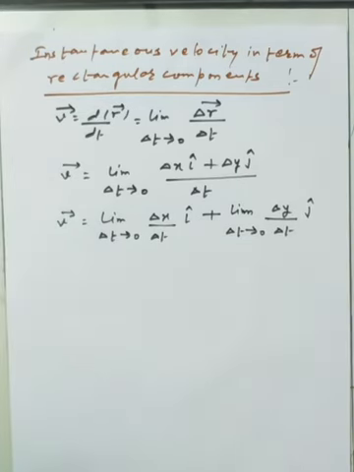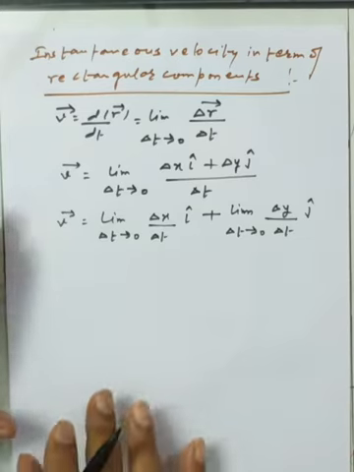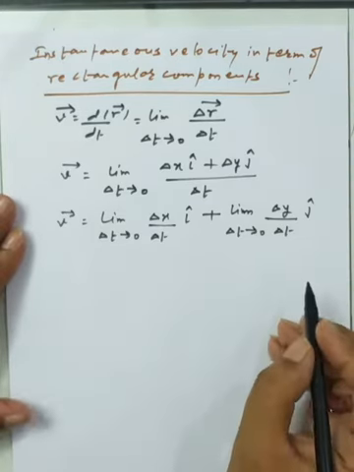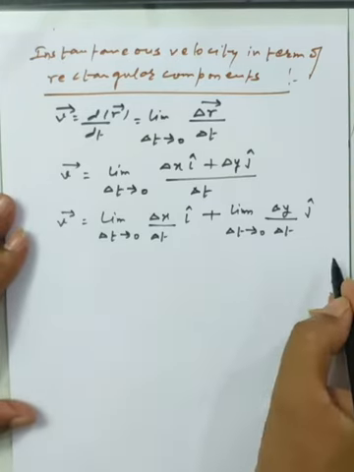So what is the need to do this derivation? We want to know how we can represent the velocities, the average velocities or the instantaneous velocity, displacement in terms of the rectangular components, along two dimensions or three dimensions.